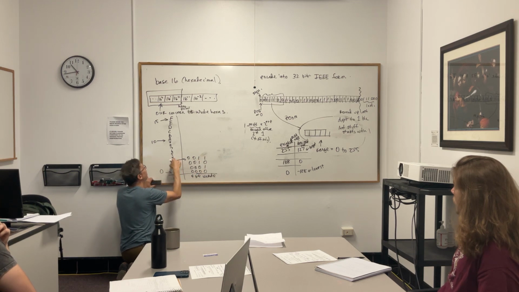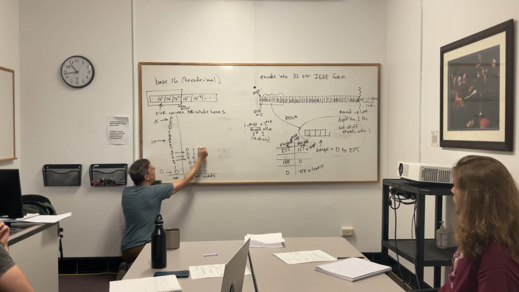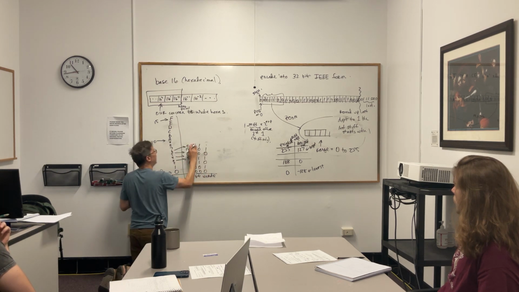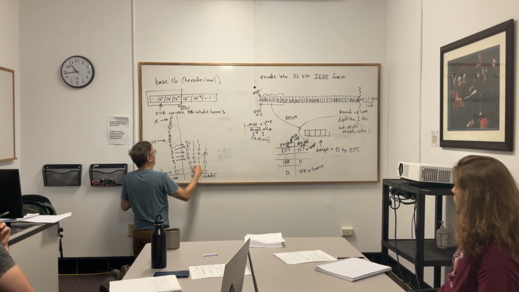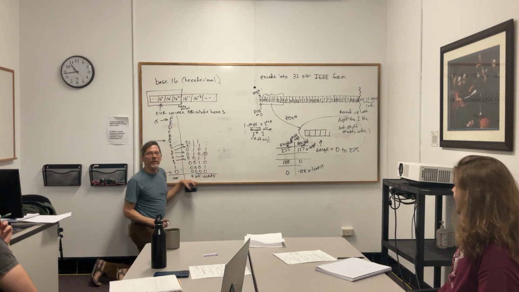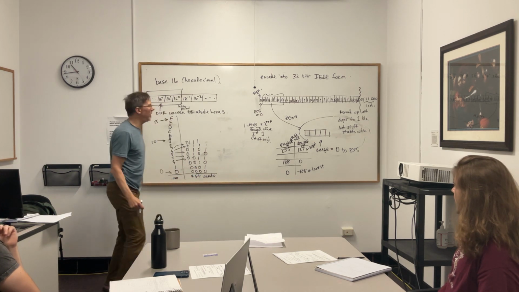Or convert this number here to binary. So this is 2, 0, 0, 1, 0. 6 is 0, 1, 1, 0. This is 7, 0, 1, 1, 1. Oh, I'm getting really tired of writing those. You're probably getting even more tired of watching me do it.